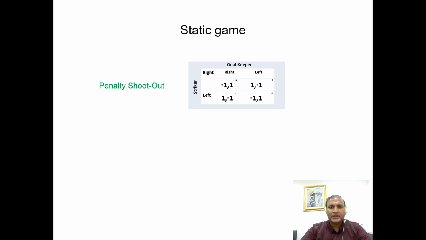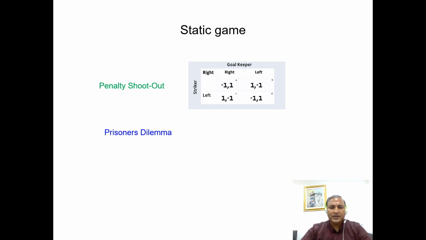And the striker has the choice to strike the ball towards the left or right side of the goal post, whereas the goalkeeper also has the choice to move towards the left side or the right side of the goal post. But the important feature here is that both striker and the goalkeeper choose their action simultaneously.